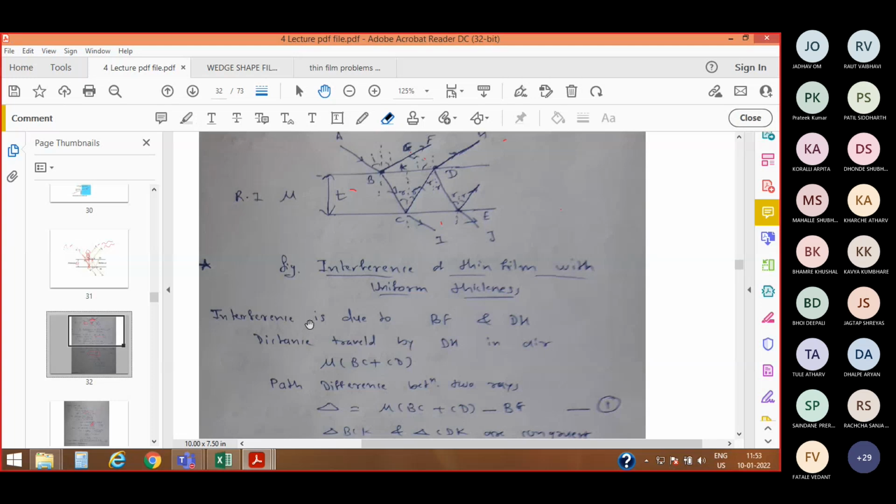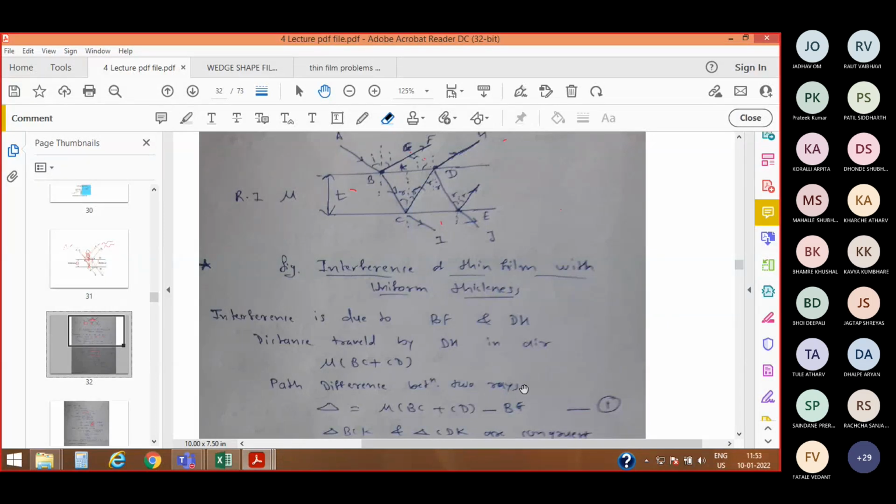The distance traveled by DH in air, meaning this ray 2, is how much distance it travels: refractive index multiplied by BC plus CD. So the distance traveled by DH in air is equal to mu into BC plus CD.